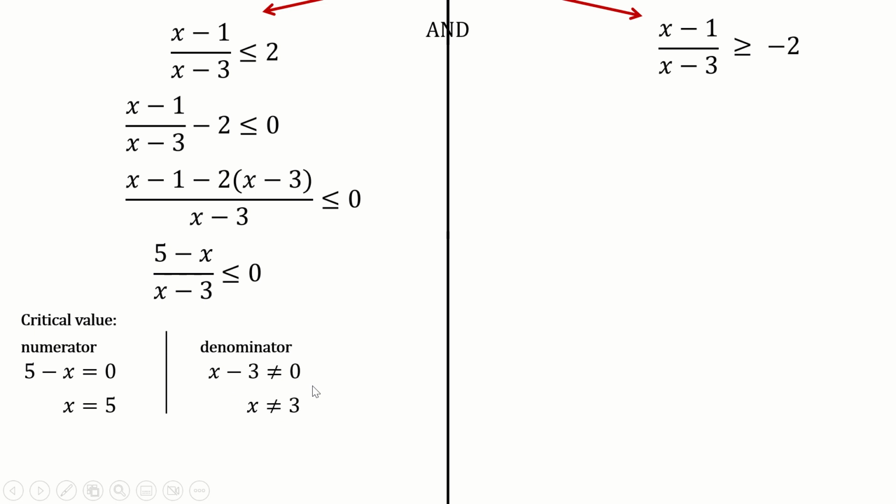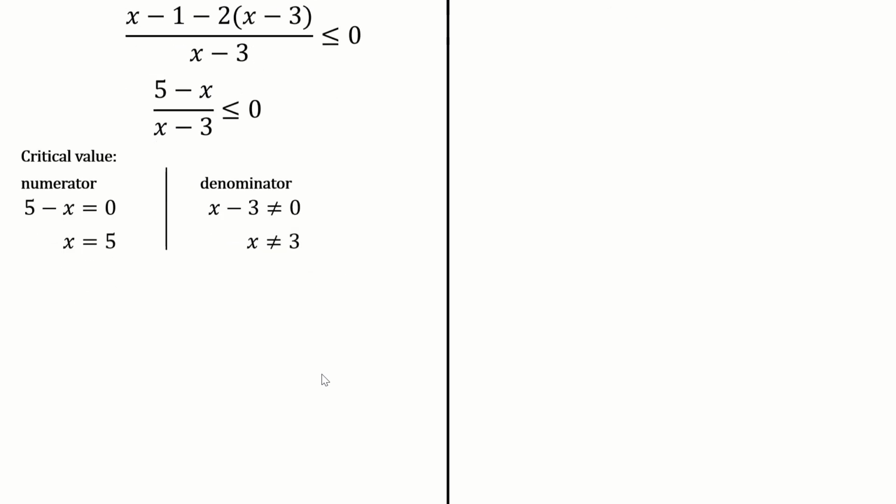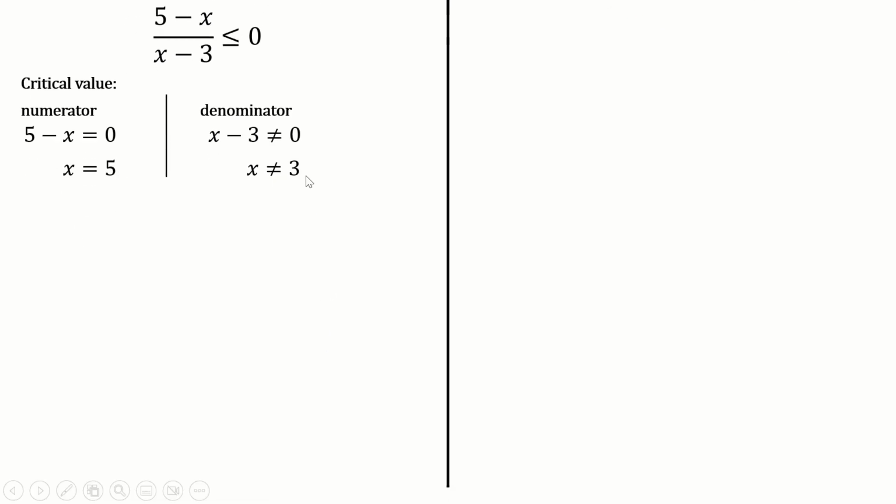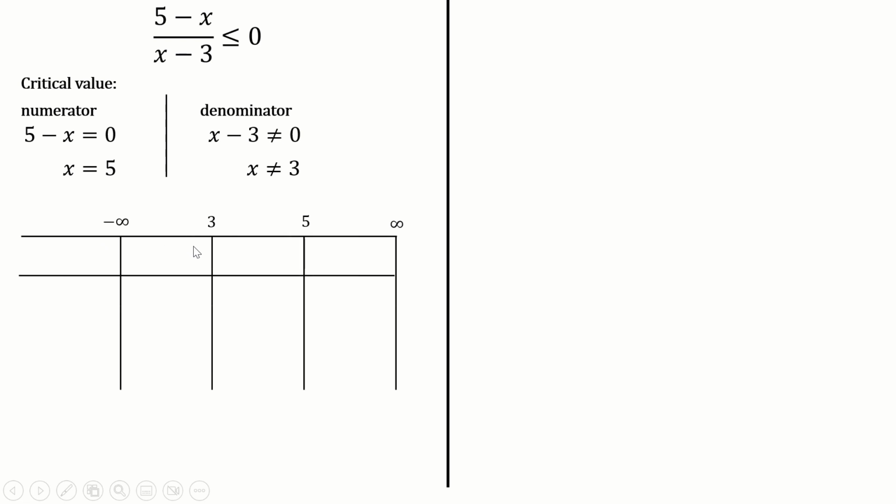Right, so to create the table, first we arrange the values in ascending order, from the smallest to the greatest, which is 3 and then 5. And we also put infinity at the far right side, and negative infinity at the left side. And then we create the table.